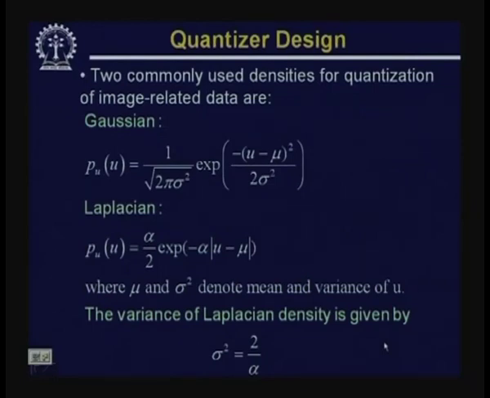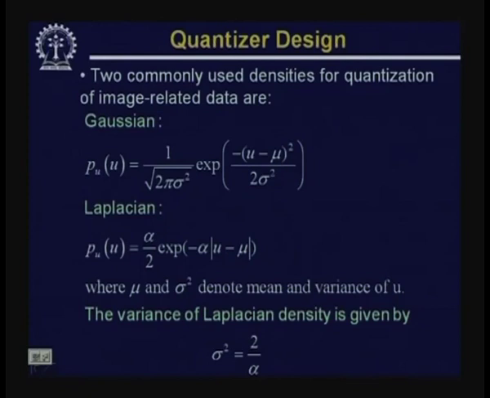Normally, two types of probability density functions are used. One is Gaussian, where the probability density function is given by the well known expression P_u(u) equal to 1 upon root over 2 pi sigma square, exponentiation of minus (u minus mu) square by twice sigma square.